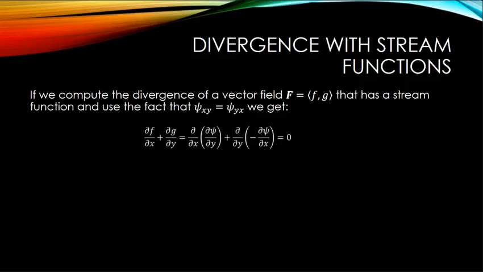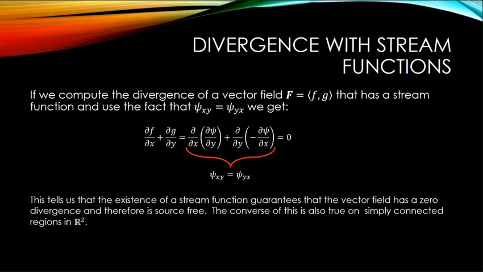The partial of f with respect to x plus the partial of g with respect to y becomes the partial derivative with respect to x of the partial derivative of psi with respect to y plus the partial derivative with respect to y of the negative partial derivative of psi with respect to x, and this is equal to 0 because psi sub xy is equal to psi sub yx. This tells us that the existence of a stream function guarantees that the vector field has zero divergence and is therefore source-free.